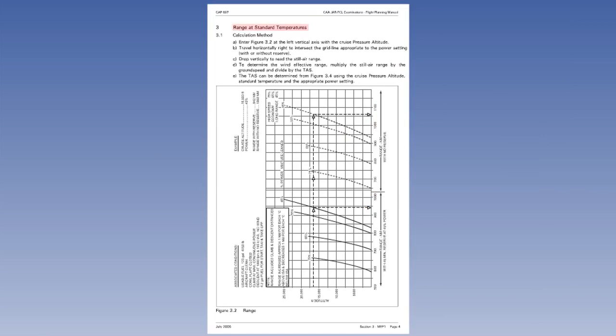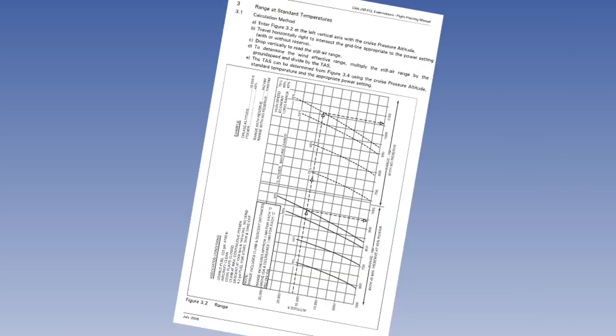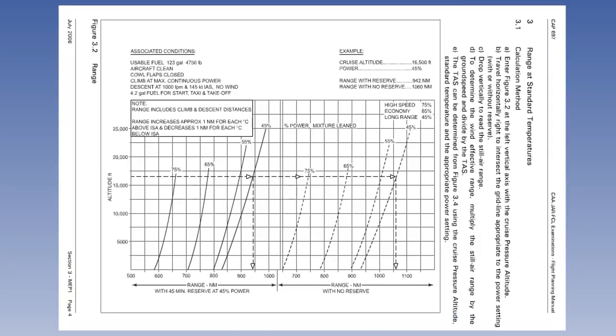The next graph, figure 3.2 on page 4 of section 3, gives us the maximum range in nautical air miles for various heights and power settings at the standard temperature, with and without reserves. We will very quickly cover a few of the important points about the graph.